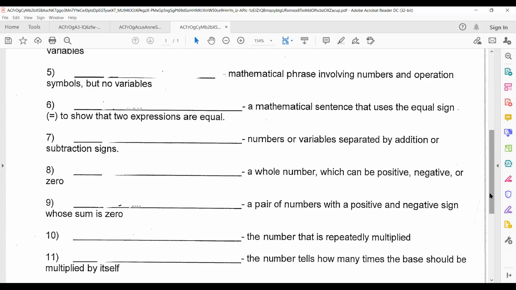So if you have -9 and +9, combine those, you get 0. Because, again, if you saw my warm-up, I can write this like that also. 9 minus 9 means exactly the same thing. It equals 0. That is a 0 pair.